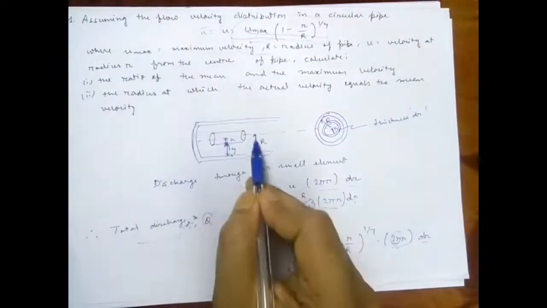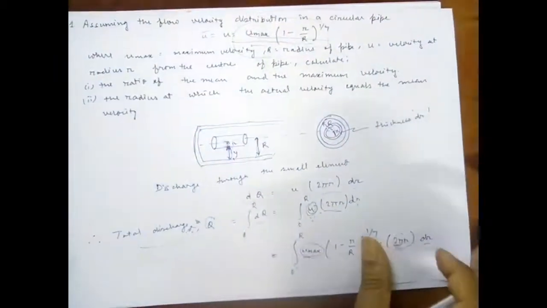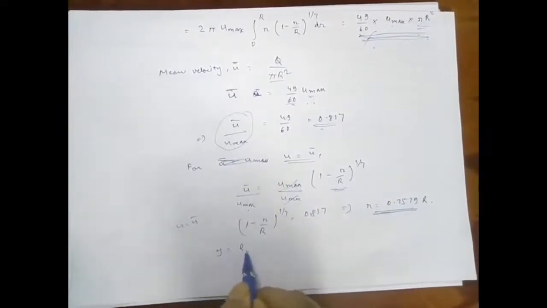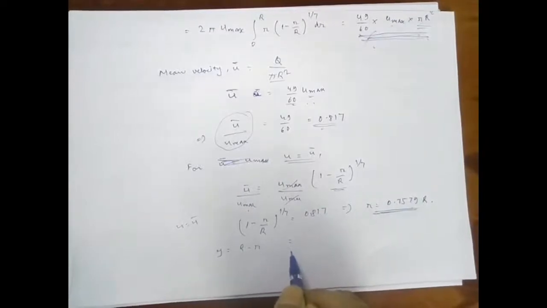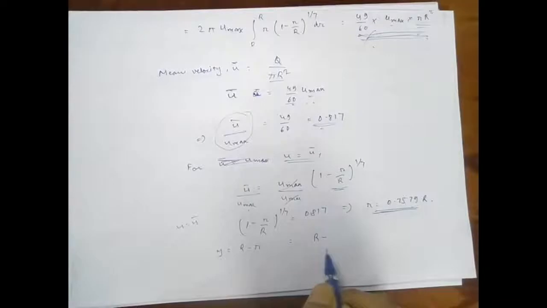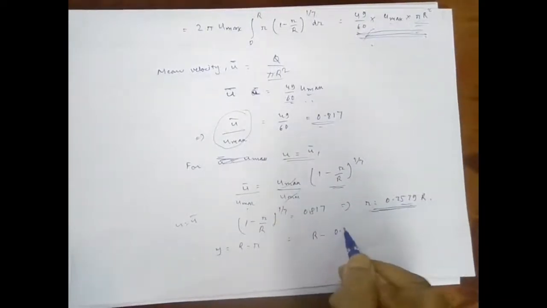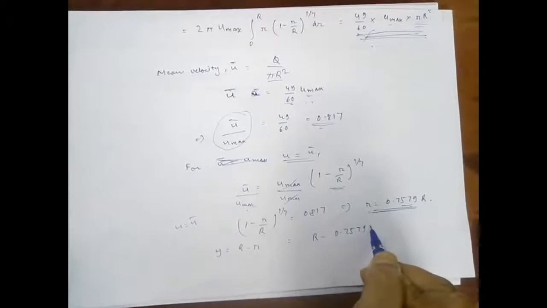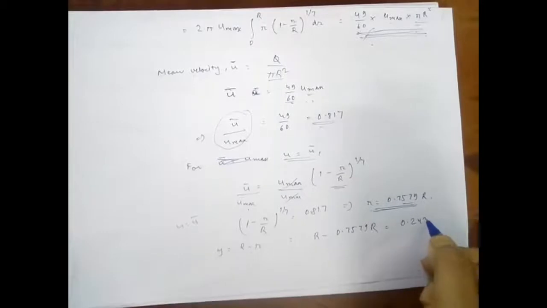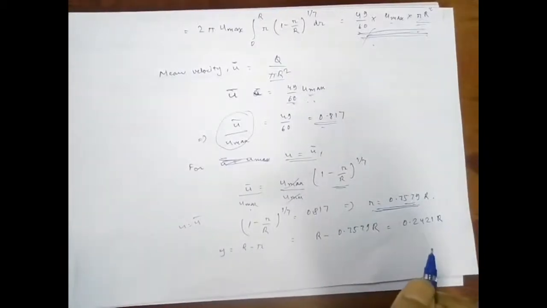Therefore I can write y, which is capital R minus small r, is equal to R minus 0.7579 R, and it is equal to 0.2421 R. So this is the value of y.